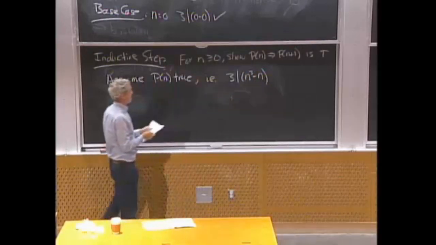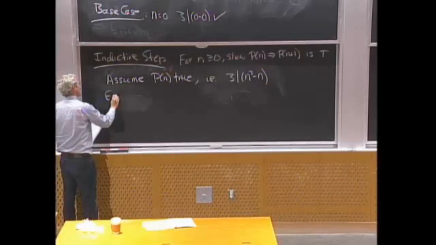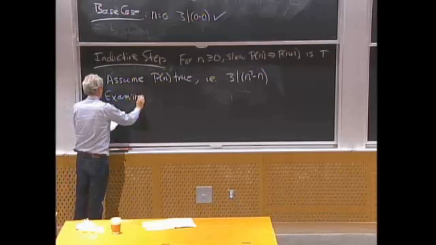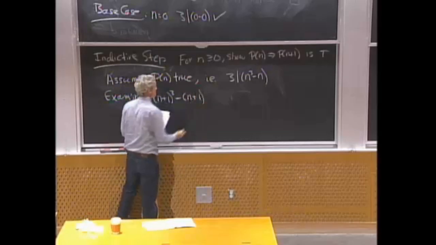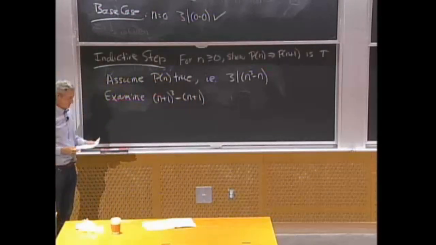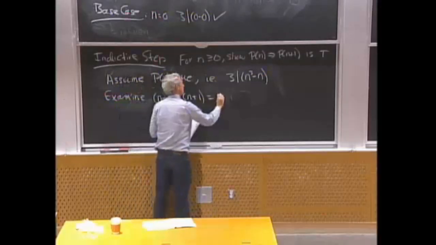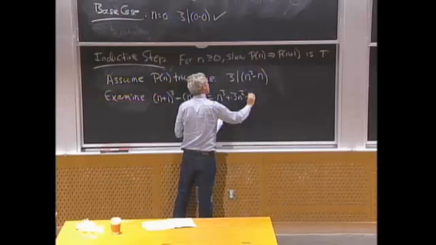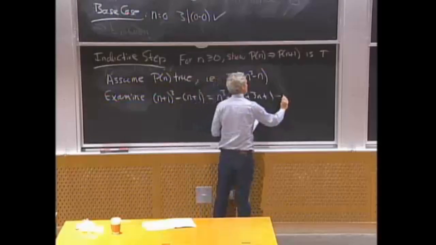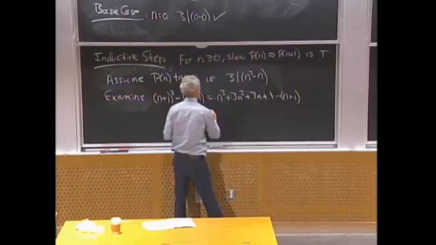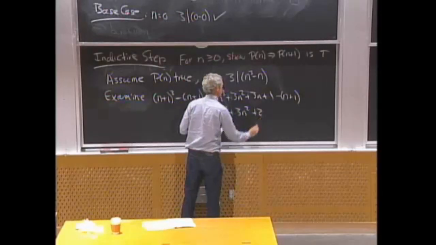And we're trying to show that 3 divides n plus 1 cubed minus n plus 1. So we examine n plus 1 cubed minus n plus 1, and we want to show it's a multiple of 3. Well, let's expand that out. This is n cubed plus 3n squared plus 3n plus 1, and I subtract off n plus 1. So I get n cubed plus 3n squared plus 2n.